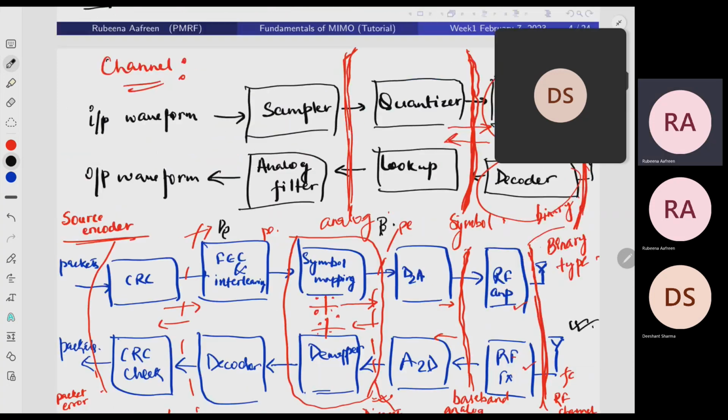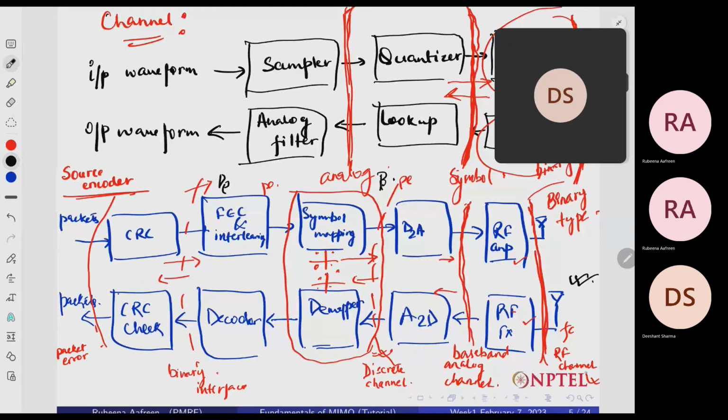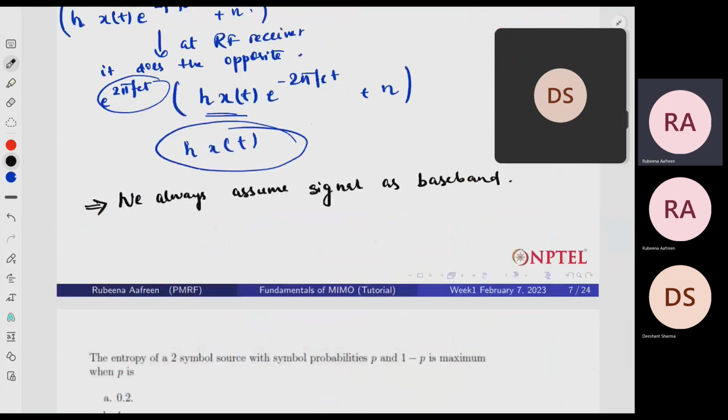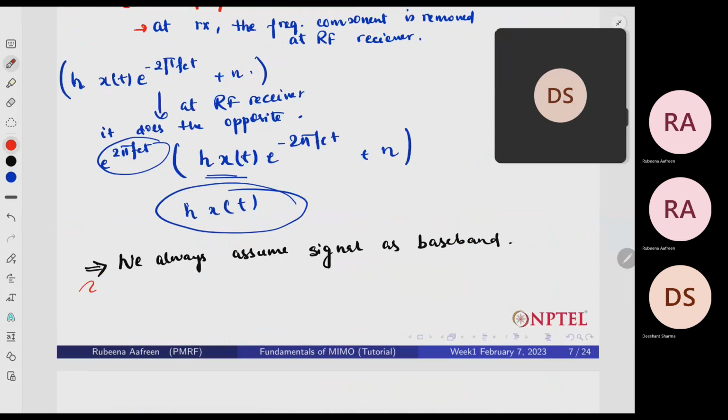Now coming to this stage, this discrete channel that we are taking will require the major part of our study. Symbols go in, and symbols with added noise come out. Suppose BPSK is there. What do we do in practice?